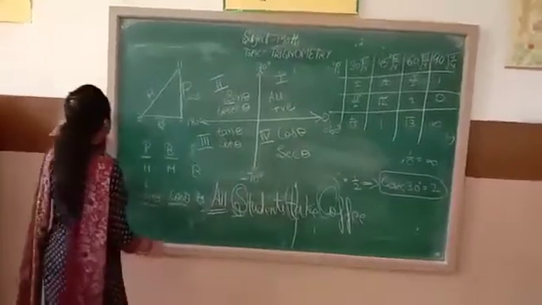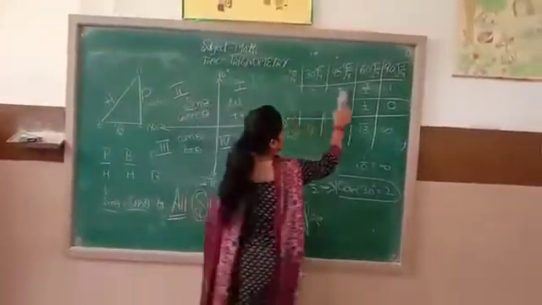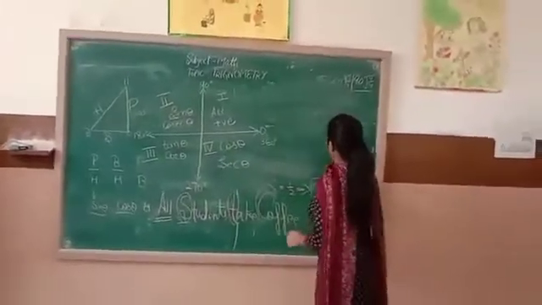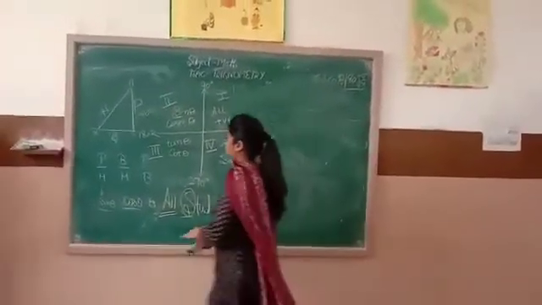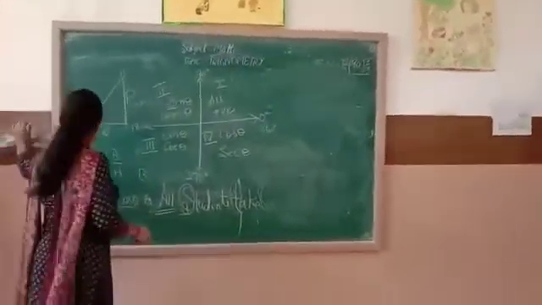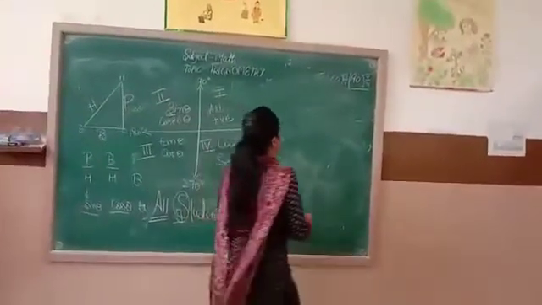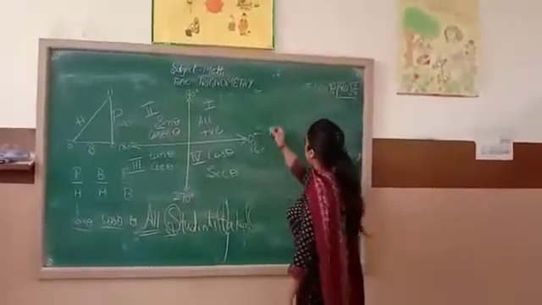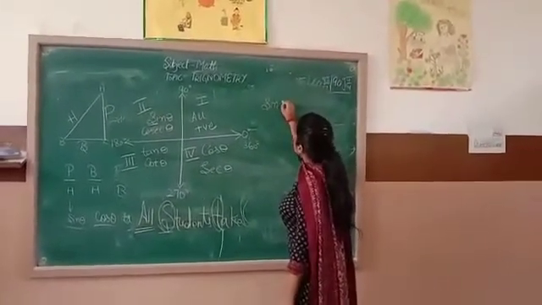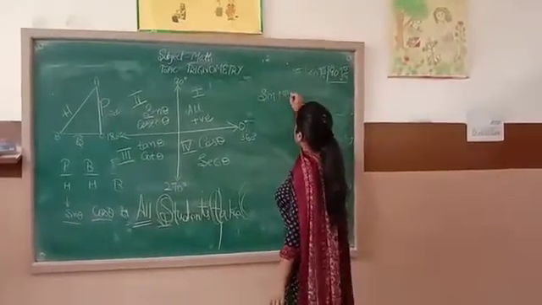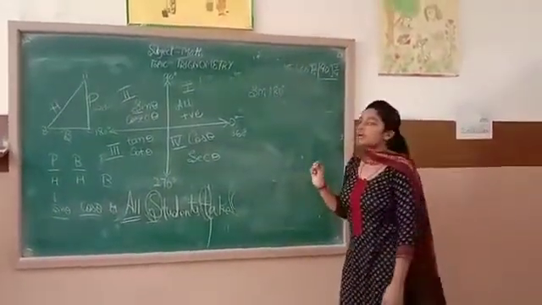Now our last topic is this. For example, if we have to find the value of sine of 180, as we know we have the measurements only up to 90 degrees.